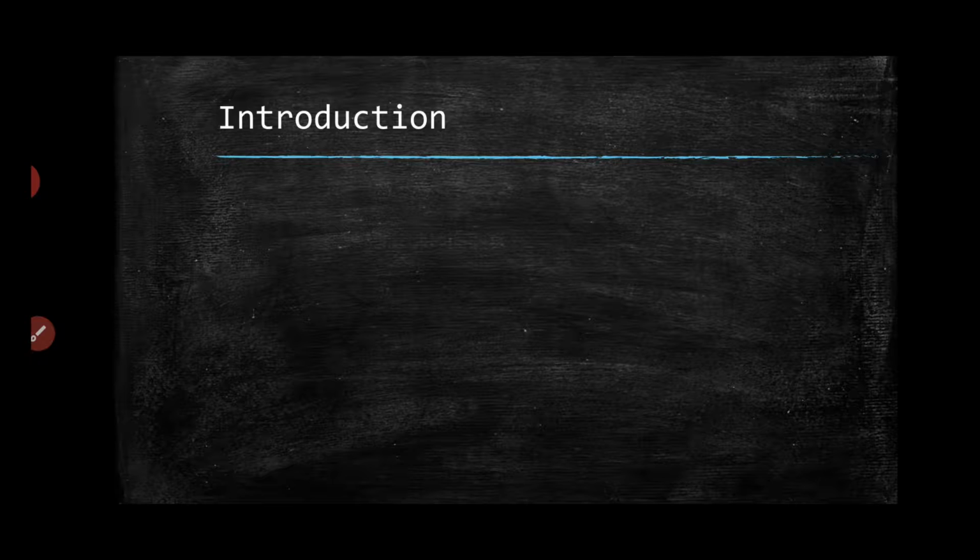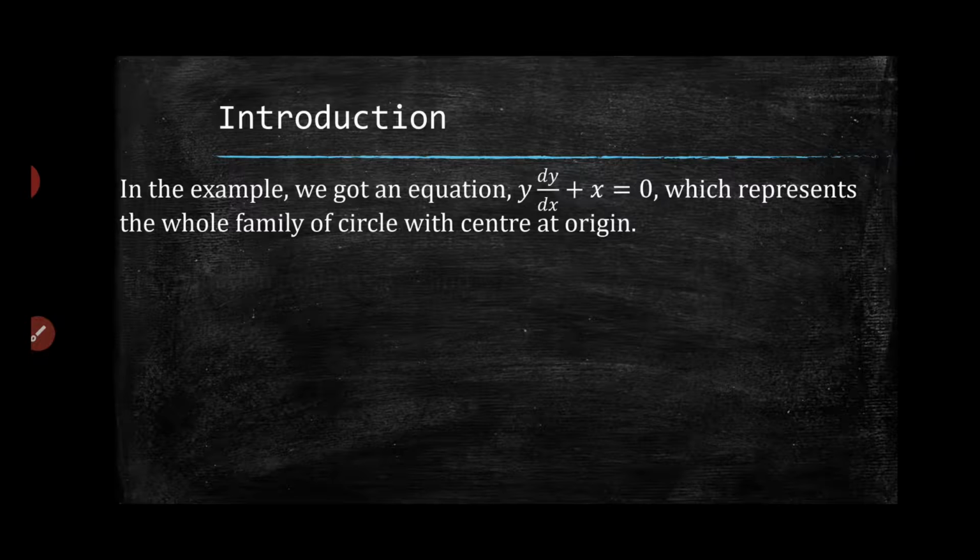Now you can see this is one equation that we got, which is derived from this family of curves x square plus y square equals r square, but this equation does not have an arbitrary constant, and you are going to get the same equation no matter what the value of r is, because it is a constant, the derivative will always be 0. So this equation is representing the whole family of circles with center at origin.